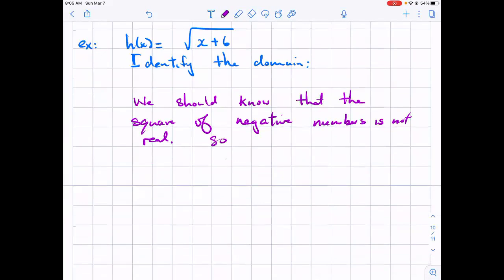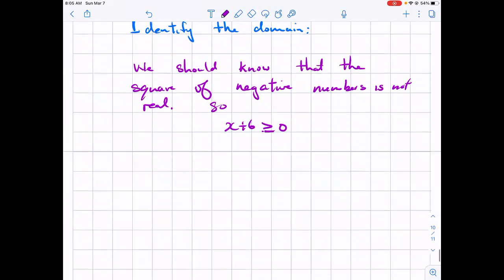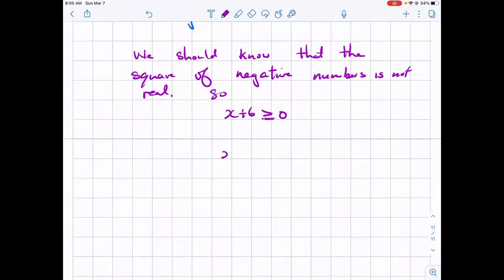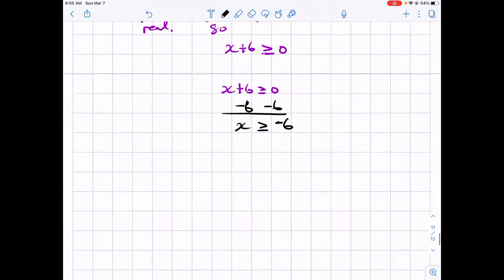So x plus 6 must be greater than or equal to 0, right? If we subtract 6 on both sides, x has to be greater than or equal to negative 6.